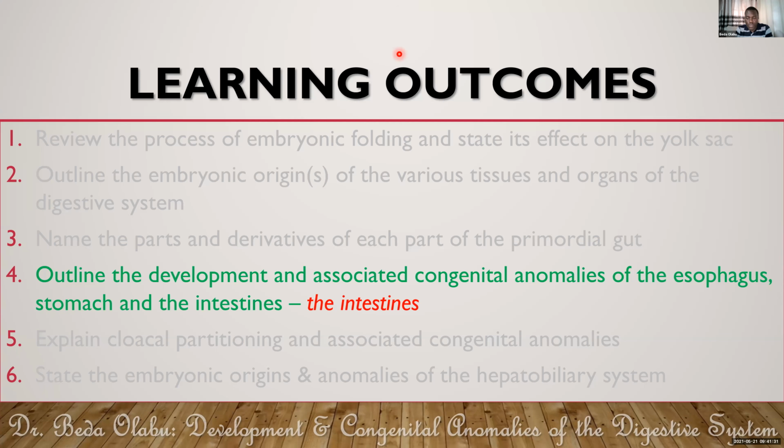So we'll now look at development of the intestines and the rest of the biliary system. I'm hoping that we'll now finish in the next 50 minutes without a break.